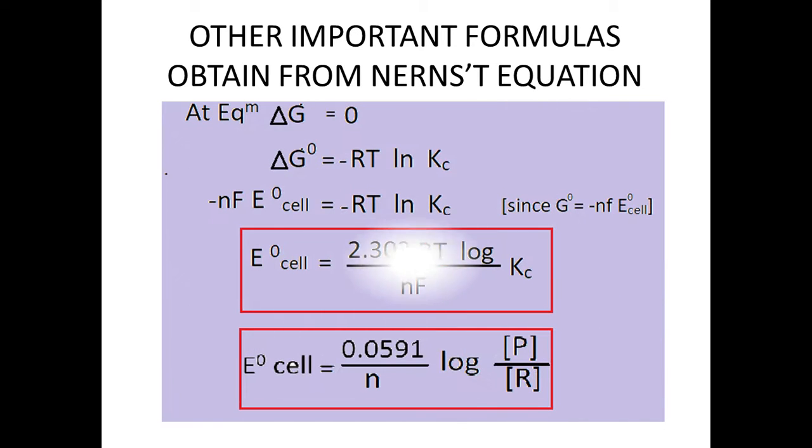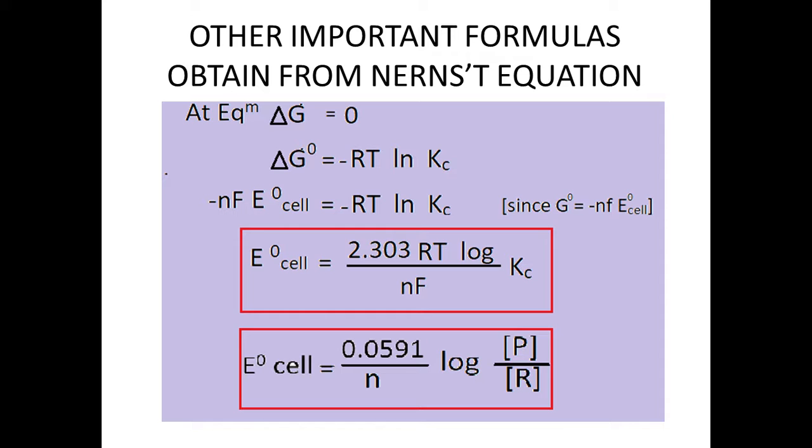Come to the next. I already told you that this equation is so important because we obtain different relations. So what are the other formulas? You can see here by putting del G equal to 0, and that can be done only if the reaction is at equilibrium.